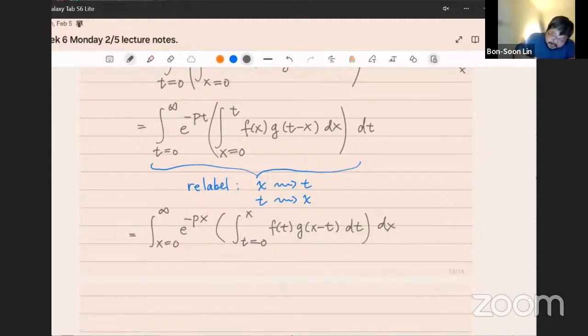Because this stuff in the middle, right here, this is indeed the convolution of f with g at x. And this is being multiplied by e to the minus px and integrated from x going from 0 to infinity, which is precisely the Laplace transform of f star g. Done.